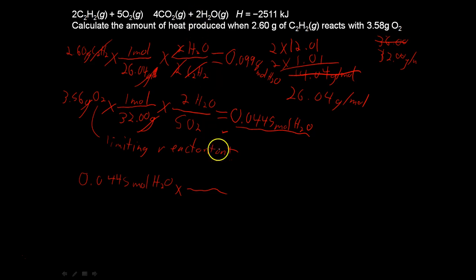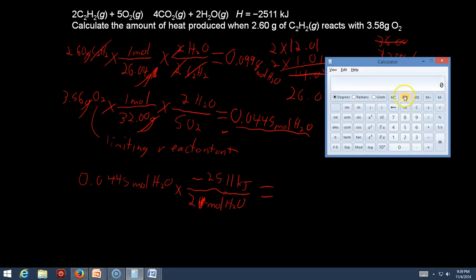We see that for every 2 moles of H2O, we end up producing negative 2511 kilojoules of energy.